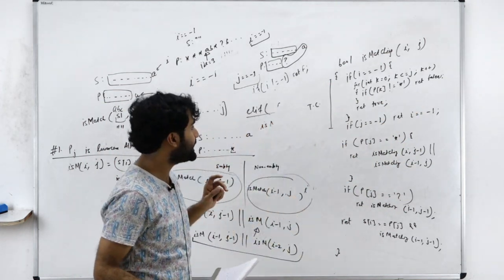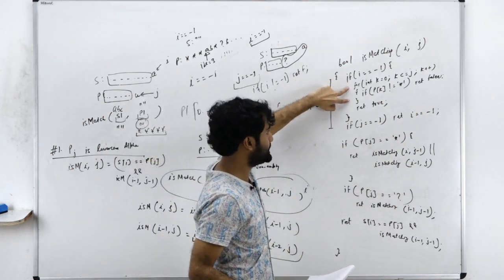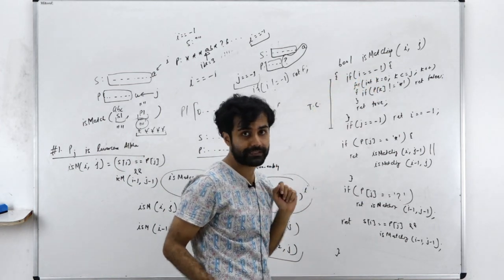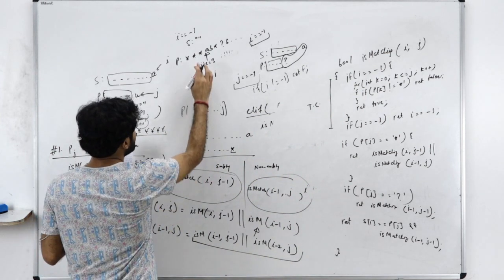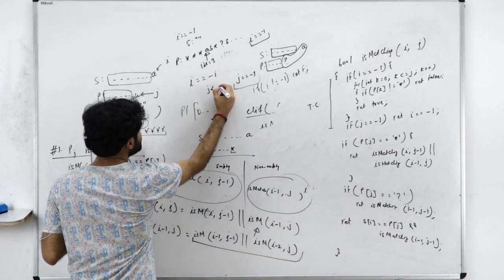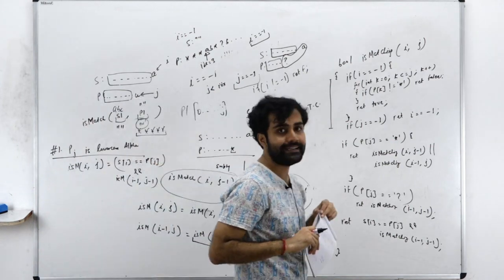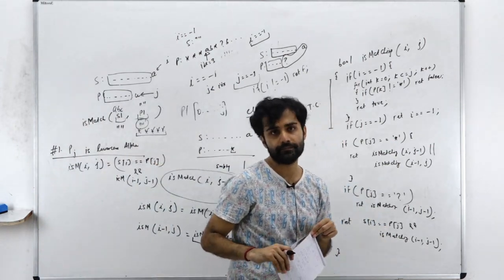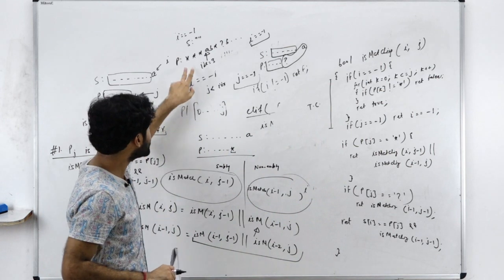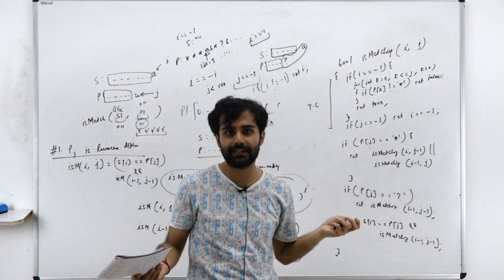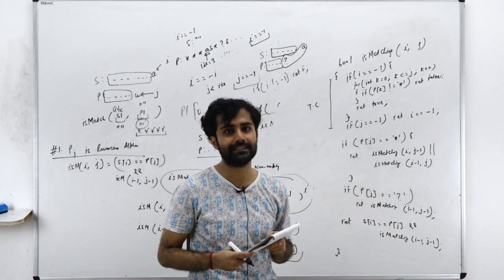Because now whenever you see that i is equal to minus 1, if your j was any value smaller than idx, what would it mean? It would mean that you are considering a prefix of p which is all star star star. So you can directly return a true over there, right?